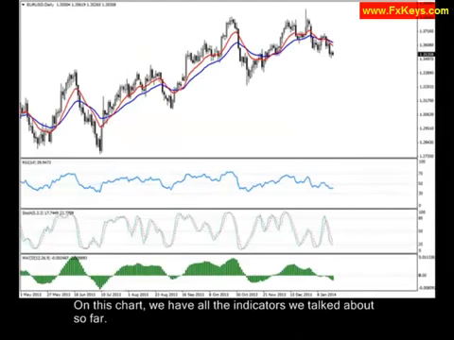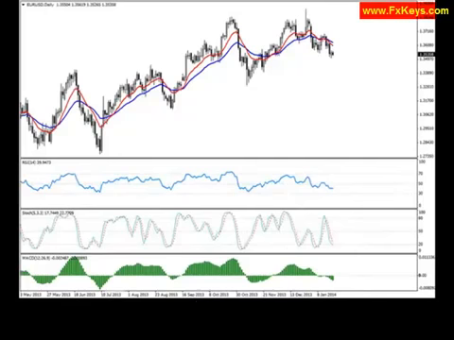On this chart, we have all the indicators we talked about so far. Moving average 12 and 26, RSI, stochastic, and MACD.